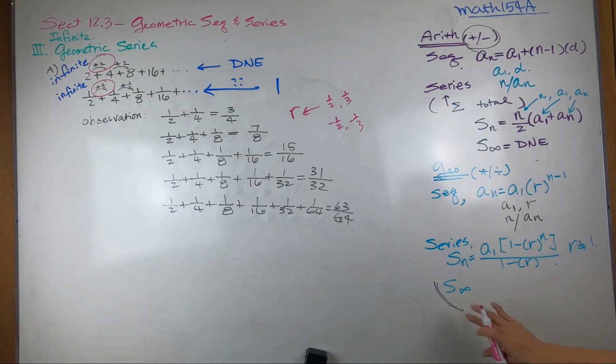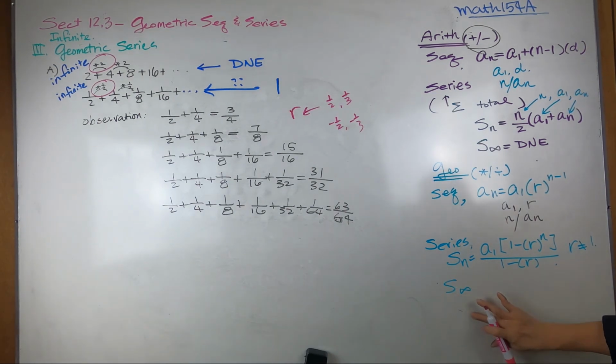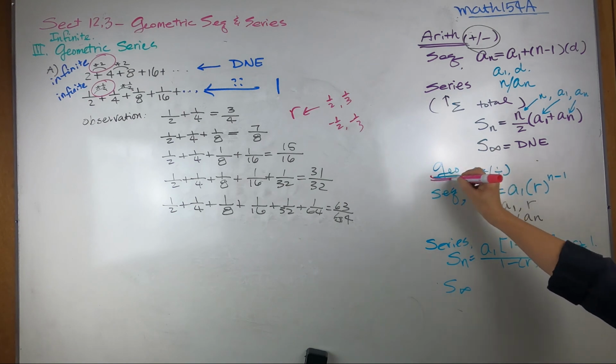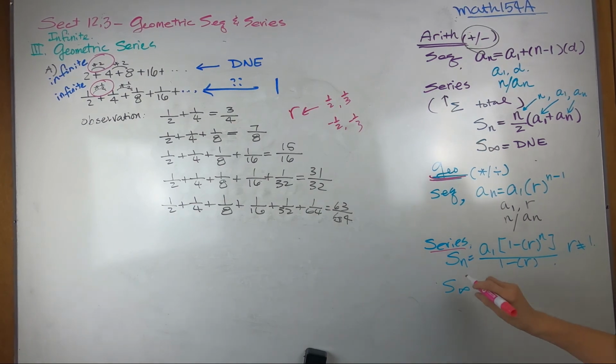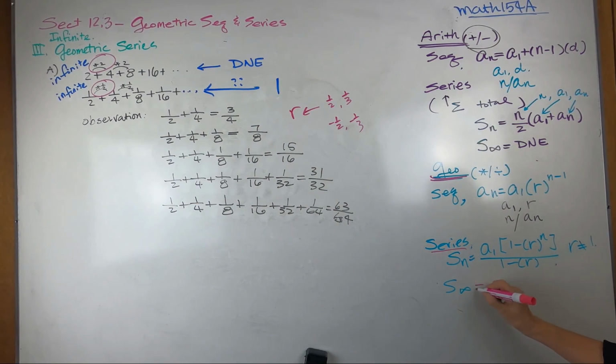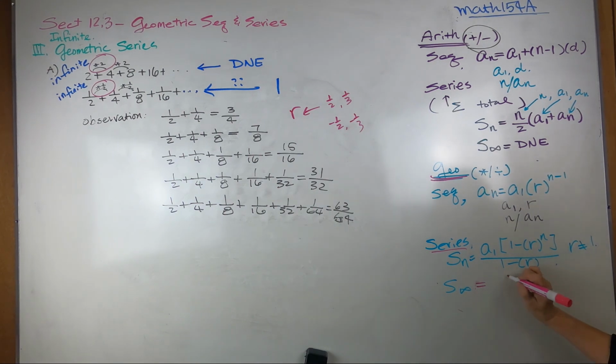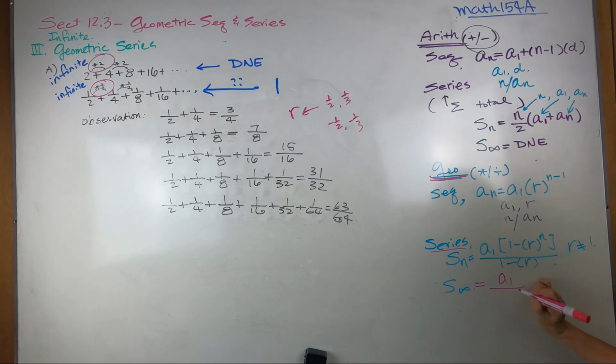So for the geometric series, the infinite summation, the infinite series, has a limit. It can be written this way: A1 over 1 minus r.